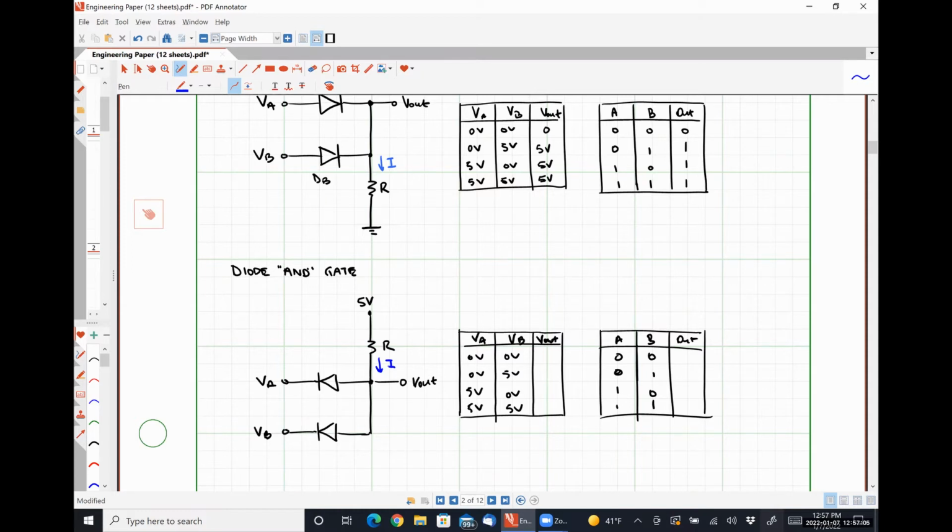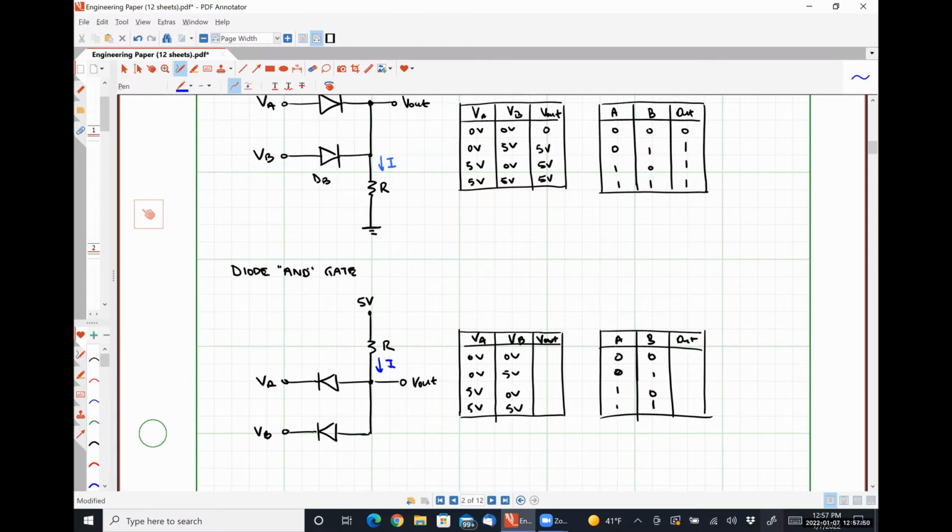So our AND gate will output a high only if we're able to turn the current flowing through the resistor off, which means we need our diodes to be conducting or behaving like short circuits effectively, right? Because if our diode is behaving like a short circuit here, we would have a 5-volt potential on the bottom side of the resistor and a 5-volt potential on the top side of the resistor, making no current happen.